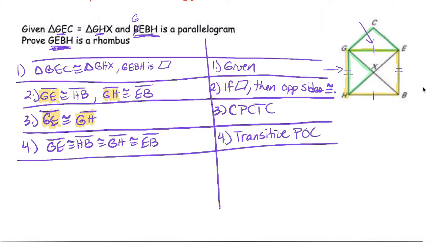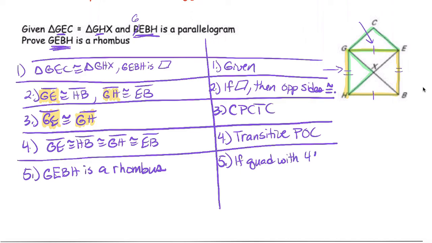And since all of the sides are congruent, we can now say that we have a rhombus. And my reason is going to be if quadrilateral with four congruent sides, then parallelogram.